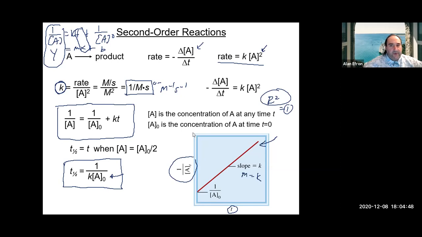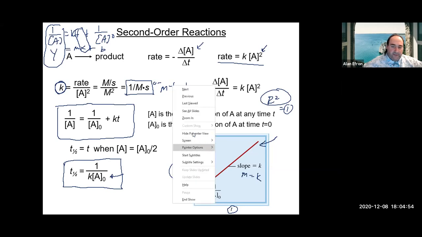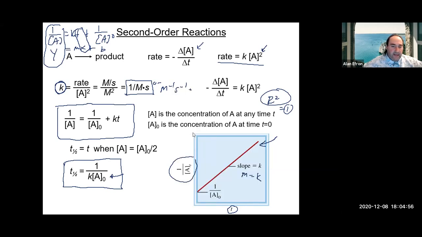Much like all of our other ones, in terms of realizing what's second order, the units associated with k are really important. This is the equation we want to use specifically for a second order reaction to figure out concentration versus time. Then obviously our half-life is different, and so is the graph typically seen for a second order reaction.